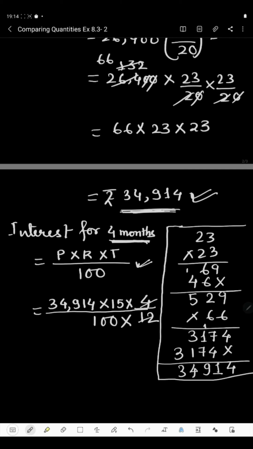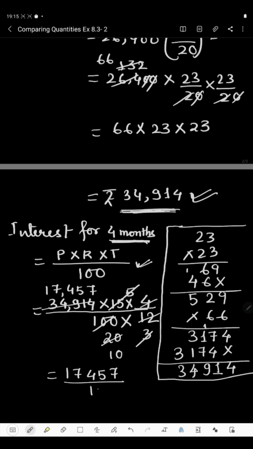Now 4 ones are 4, 4 threes are 12, 3 fives are 15. Now 5 ones are 5, 5 20s are 100. Then 2 10s are 20, 2 17s are 34, then 2 4s are 8, 2 5s are 10, 2 7s are 14. So 17457 divided by 10.